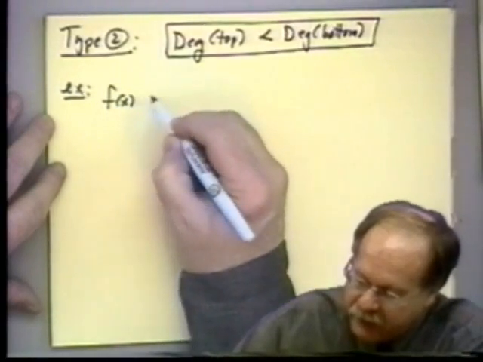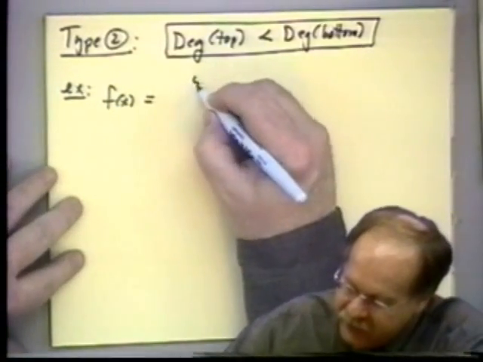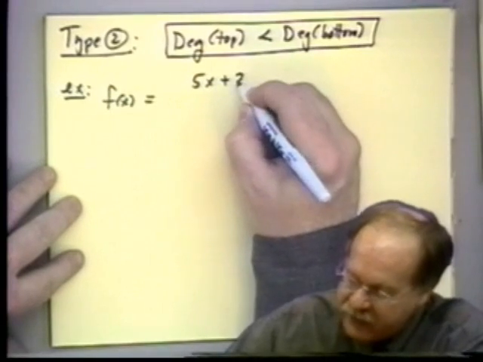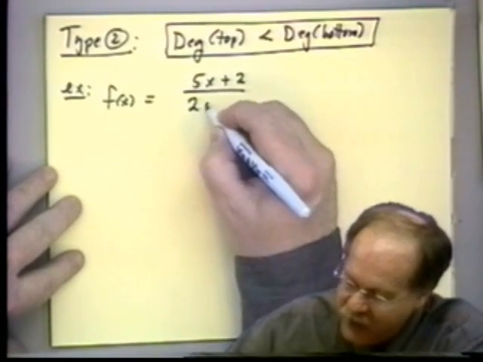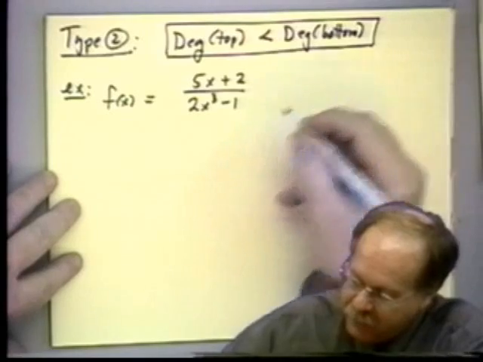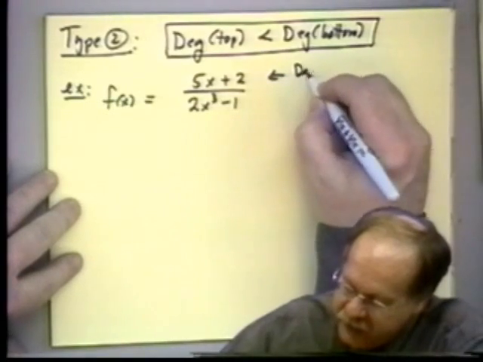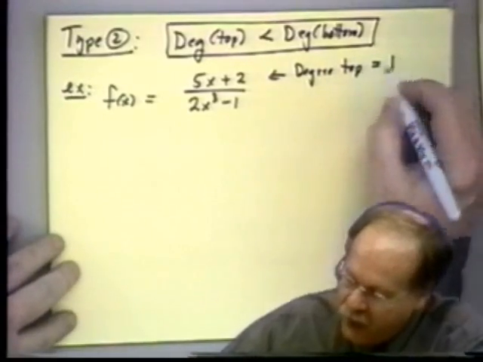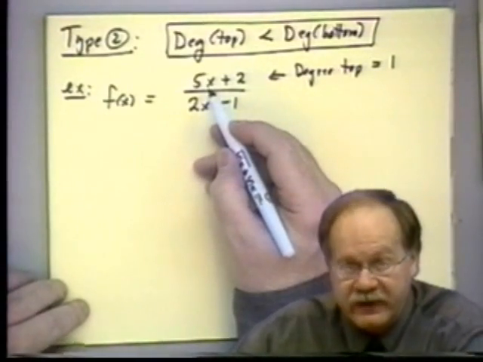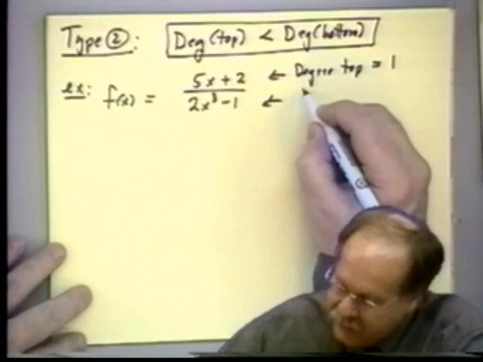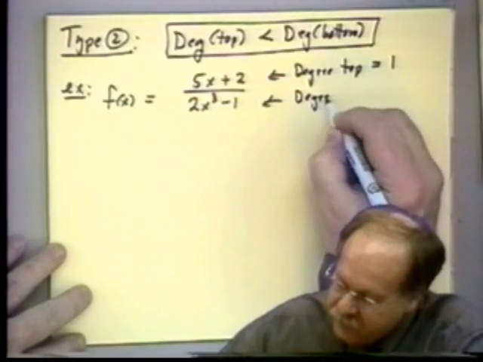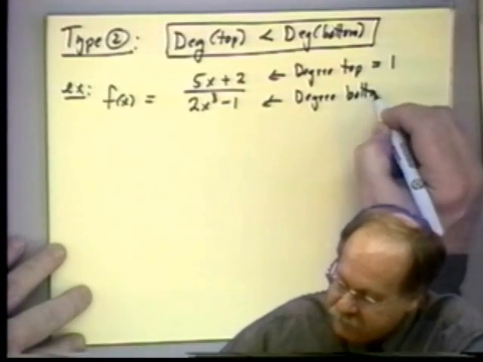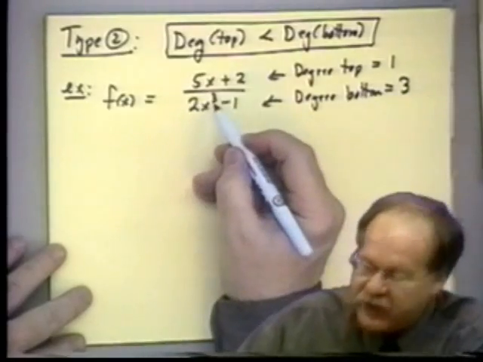Again, I will make my point by looking at an example. In this case, let's take this easy one, 5x plus 2 over 2x cubed minus 1. Notice that the degree of the top is equal to 1. It's linear. The highest power of x is 1. And likewise, the degree of the bottom is 3.